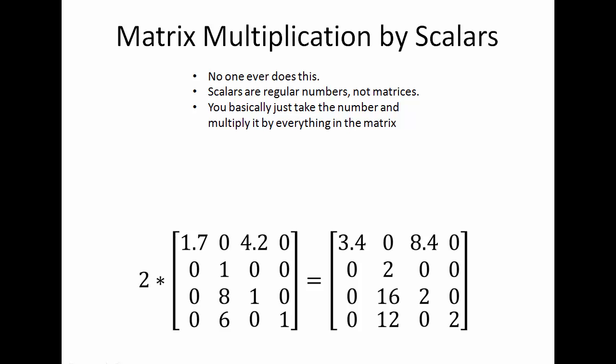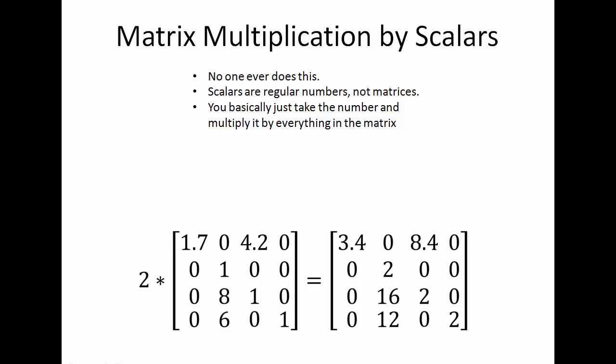Matrix multiplication by scalars. Again, we don't really do this in game programming, but this is how you do it. A scalar, as I explained in the vector video, which I hope you watched, is basically just a normal number. A scalar is just a plain old regular number, and you can multiply a number by a matrix.